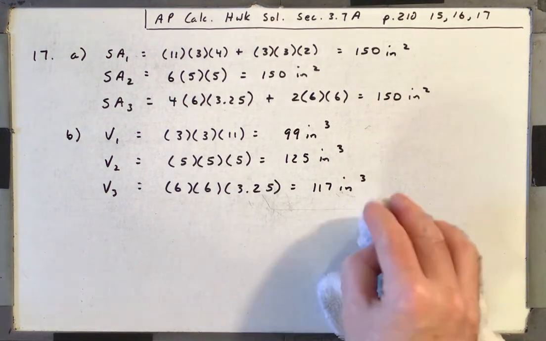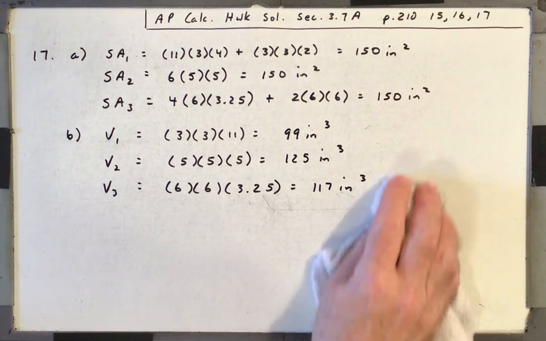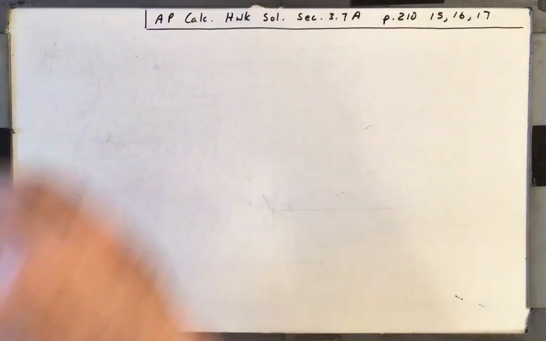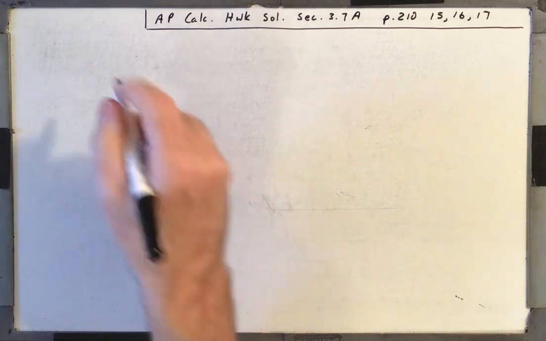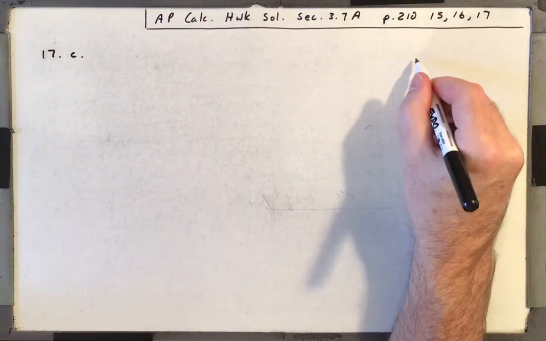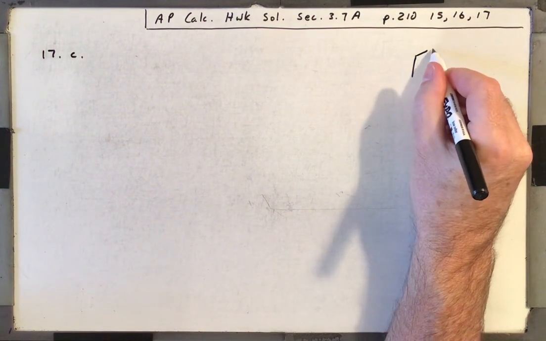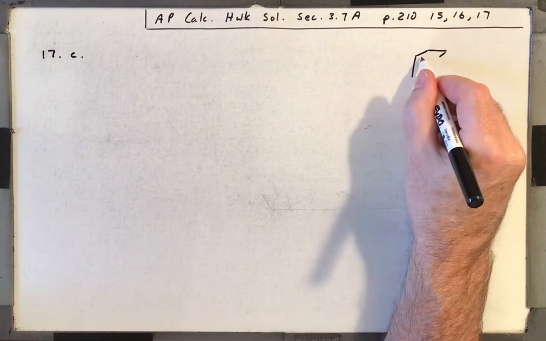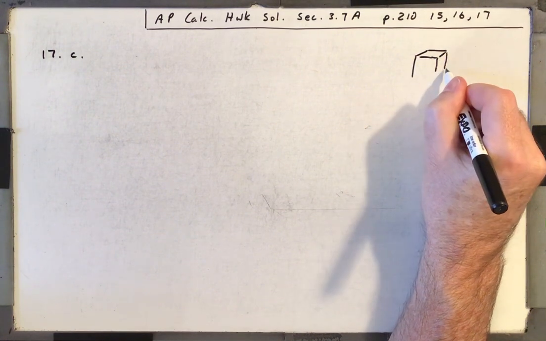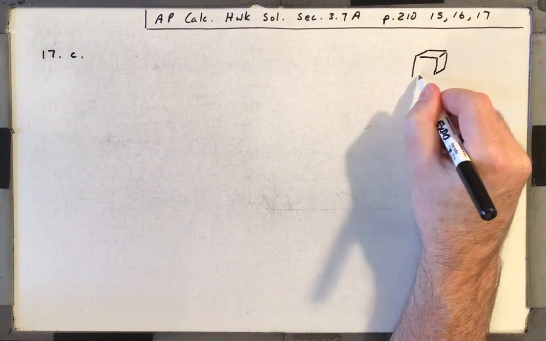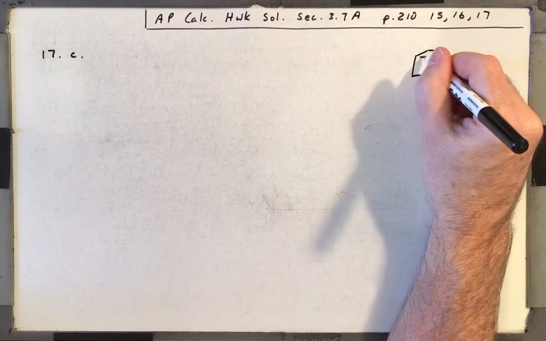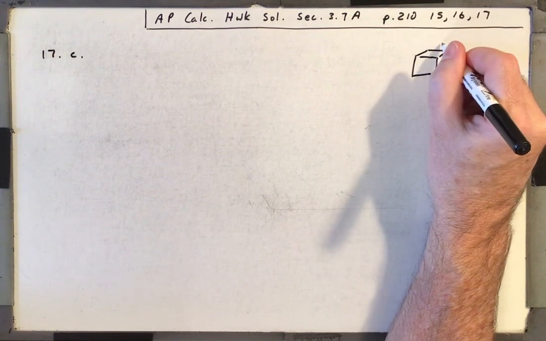All right, so this one's going to take more of the board, so I'm going to have to go ahead and erase. And I need 2 equations. One for volume. So if I have this rectangular solid, we know that for all of them, the top is a square.